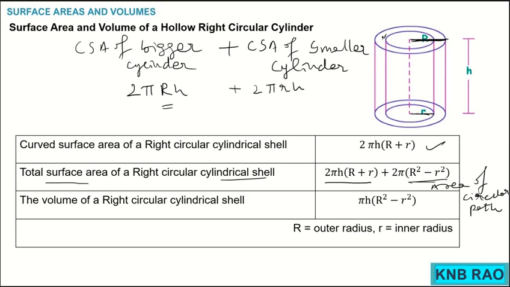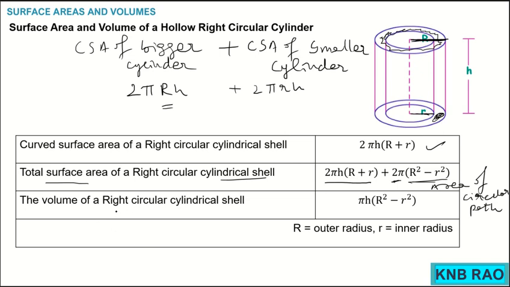That gives you the area of a circular path alone. So pi capital R square minus pi small r square, pi common, capital R square minus small r square will come within bracket, and that is once for the upper one, a second time for the bottom one, that is 2 times. Okay.